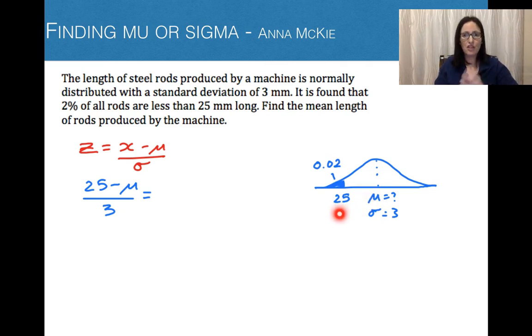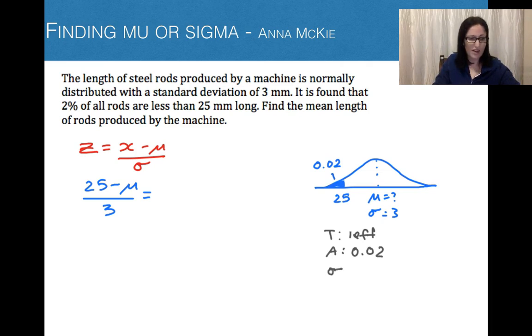So if we can convert that to using the standard distribution with a mean of 0 and a standard deviation of 1, we can work out the equivalent Z-score for this. To do that, we're actually going to use inverse normal, where our tail would be on the left, area would be 0.02, but here's where it changes.